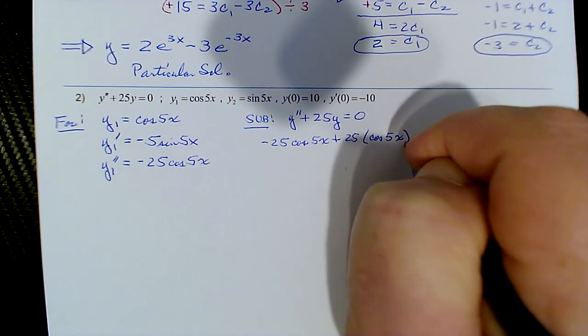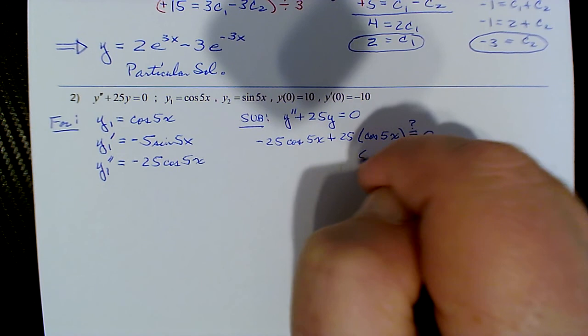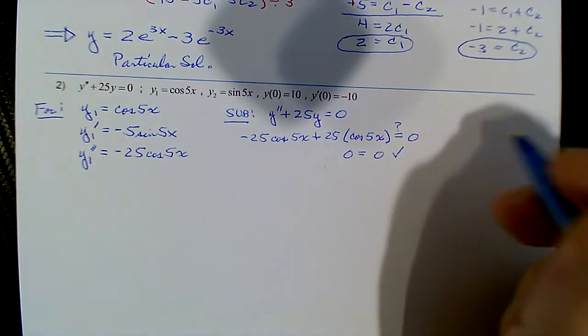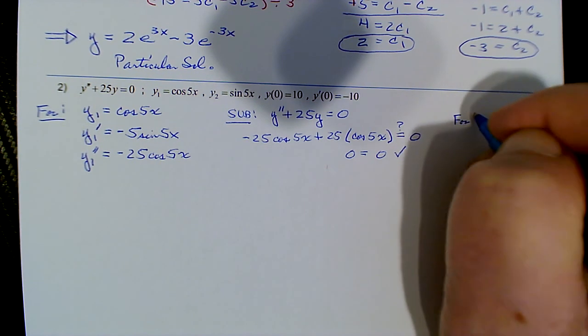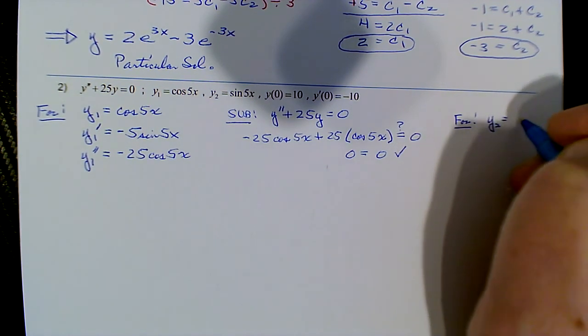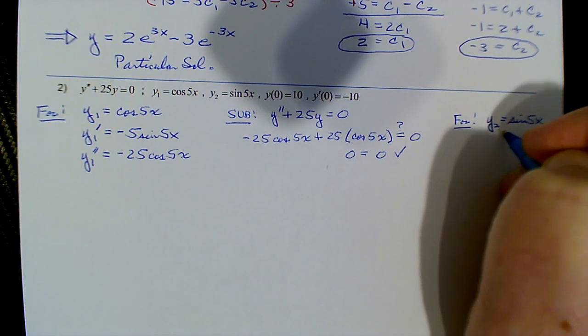Is that equal to 0? And yes, it's obvious. 0 equals 0, so it's verified. And then for y2, which is sine of 5x, I'll leave you to do that and check.